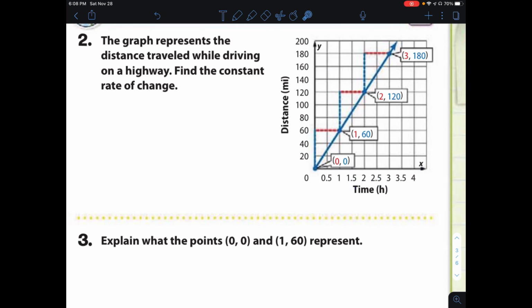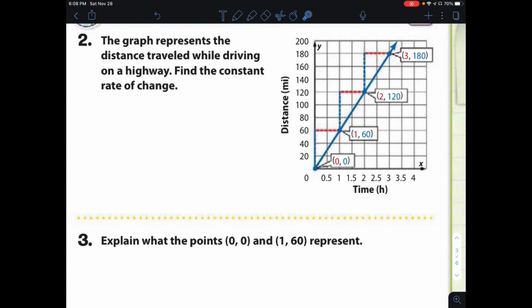This is a straight line, meaning this is a linear relationship. And according to what we learned at the beginning of the lesson, when you talk about a linear relationship, it will have a constant rate of change. If it has a straight line such as this one, it will have what we call a constant rate of change.